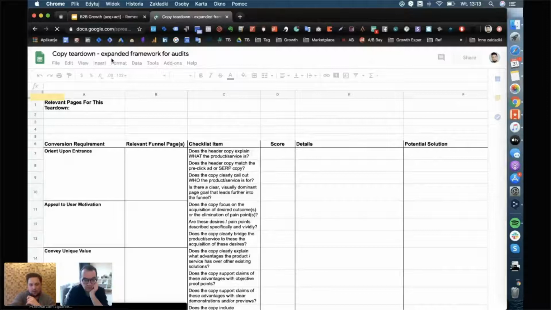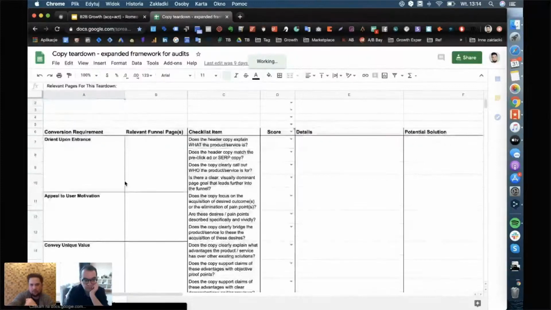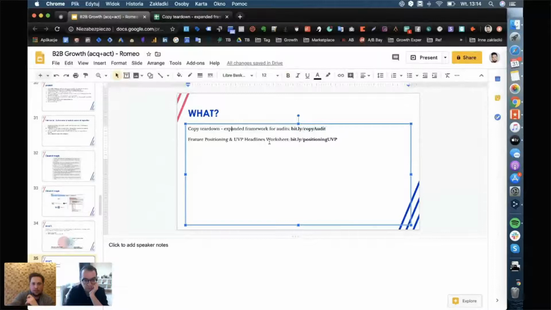So you can copy this spreadsheet and analyze whether your current messaging is meeting the requirements of persuasive copy that really makes people convert. There's also another link on how to come up, in a very methodical way, with feature positioning and unique value proposition headlines. So check it after the webinar.